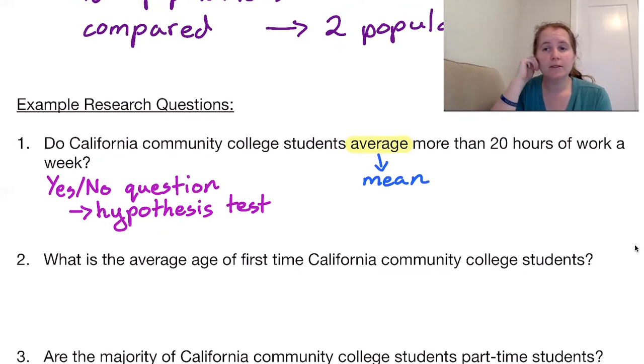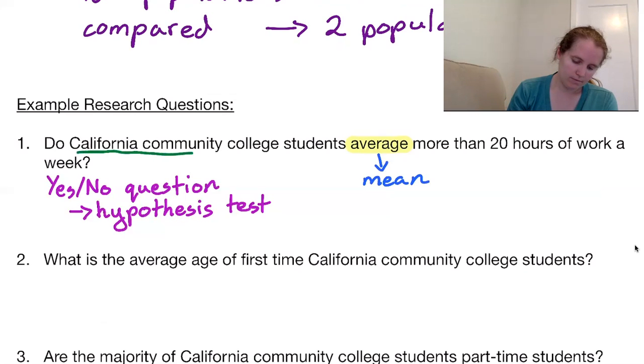And then we are simply just asking about a specific one population. We are simply asking about California community college students. So we just have one population.